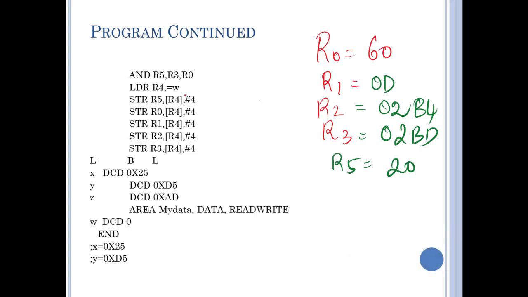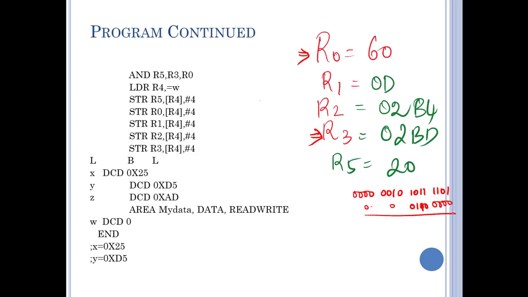If you perform this AND operation, R3 ANDed with R0, you will get 20. R3 is 0000 0010 1011 1101, and 60 is 0110 0000, and here you have all zeros.